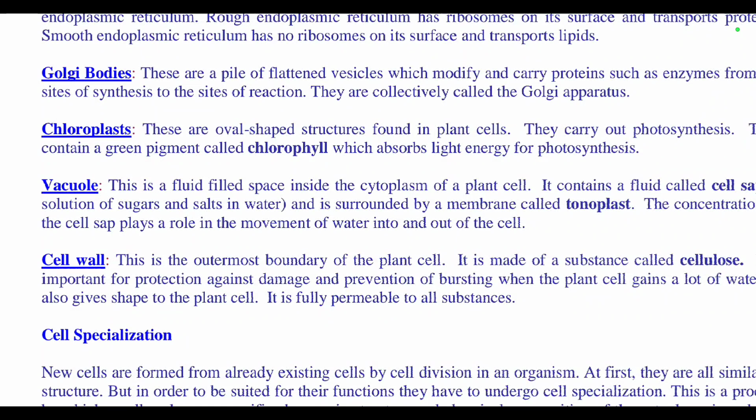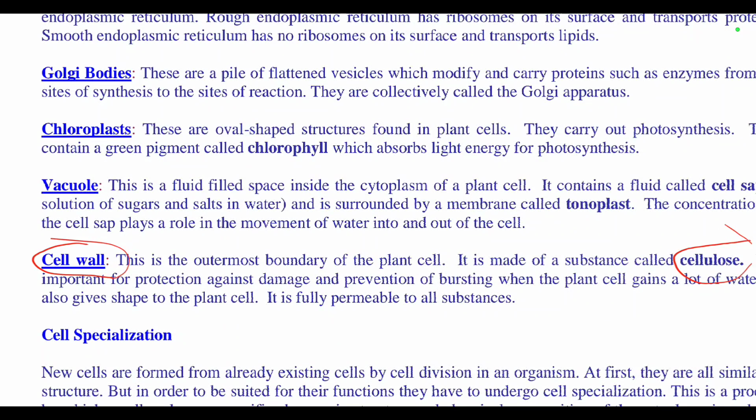Let's look at the last structure, which is the cell wall. The cell wall is the outer boundary of the plant cell. Not in the animal cell. Animal cells don't have a cell wall. It is made up of a substance called cellulose.